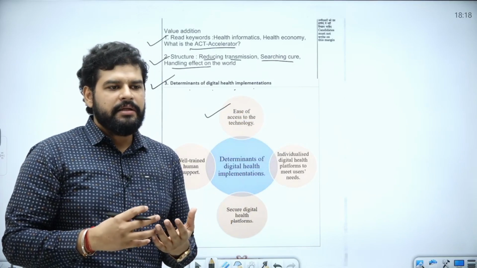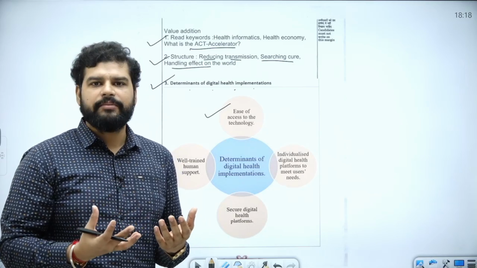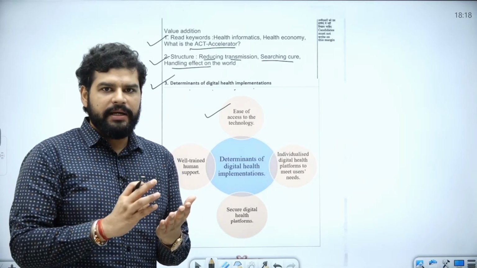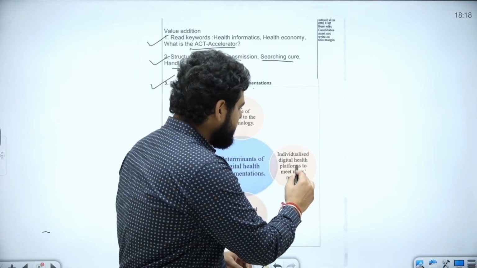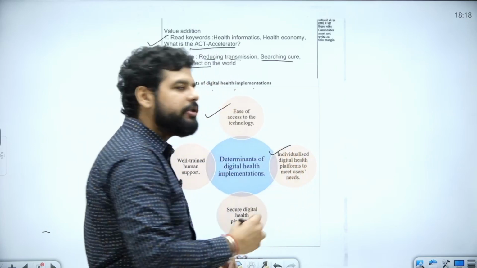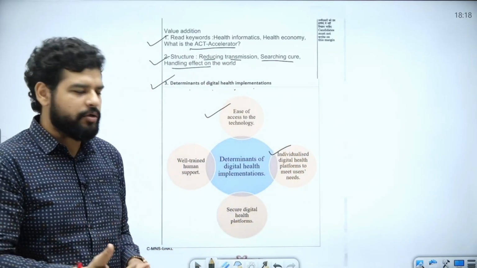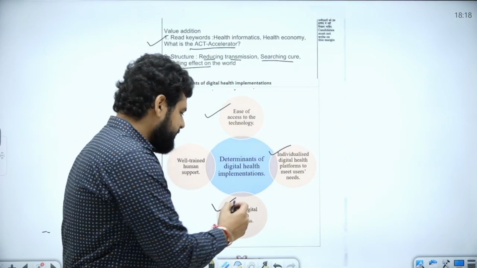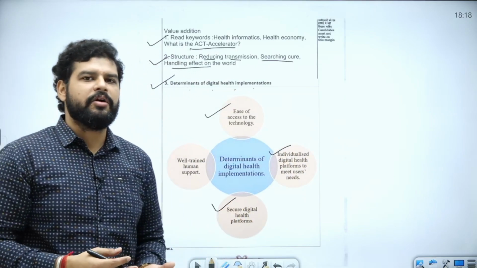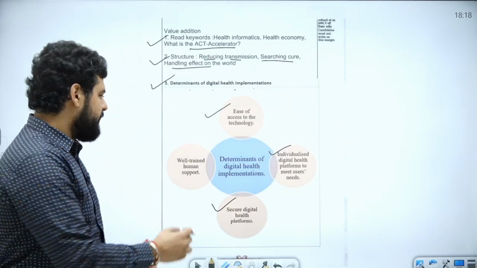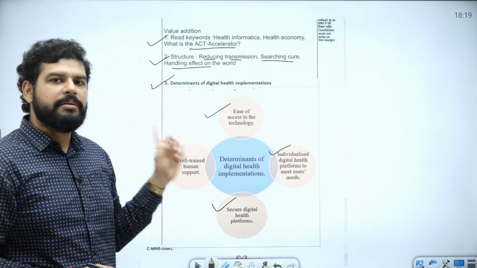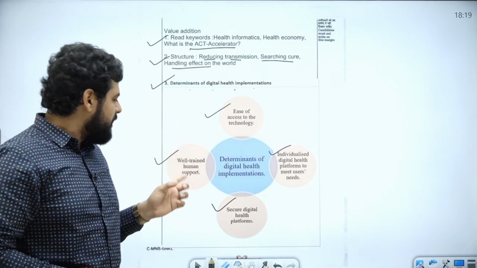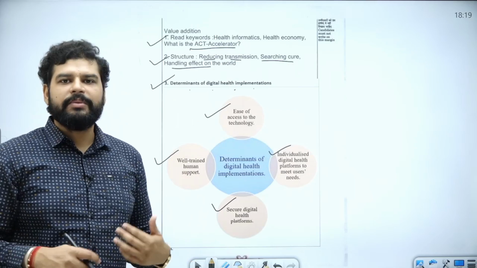If they have eyesight problems, they need a mobile which has bigger text. Next is individualized digital health platforms to meet users' need, like Practo. Next, secure digital health platforms, of course, because of data privacy. Next, well-trained human support. Now I have mentioned a point about support previously in challenges. Now this thing is important, because people forget to write this.